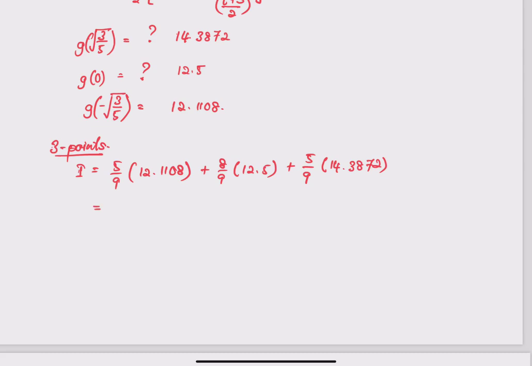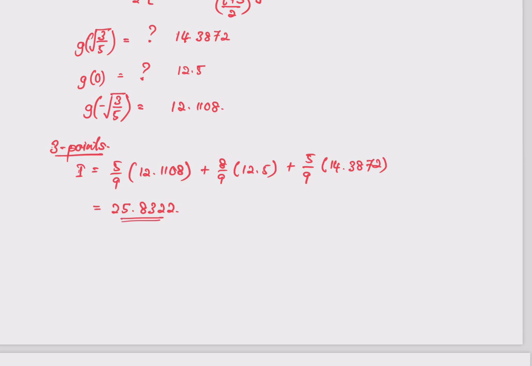If you sum up all of this, you will get 25.8322. So this is our answer of numerical integration using the 3-point Gauss quadrature formula.